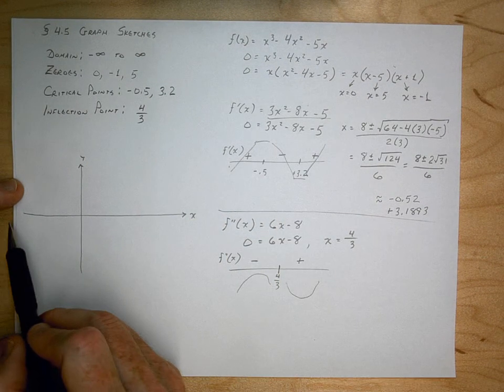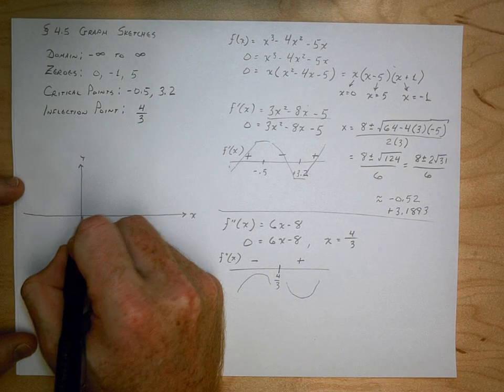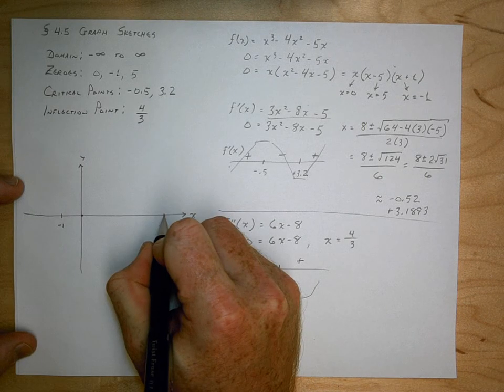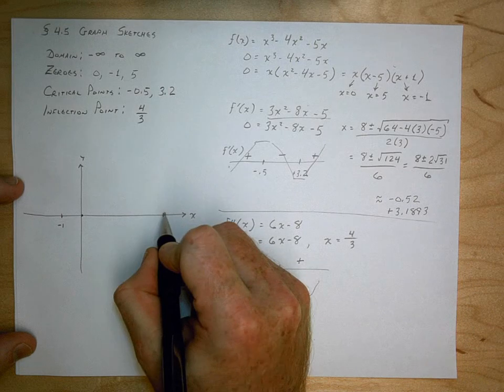Just to recap, the function goes all the way from negative infinity to positive infinity. It's got zeros at 0, -1, and positive 5, so it crosses the x-axis in those places.